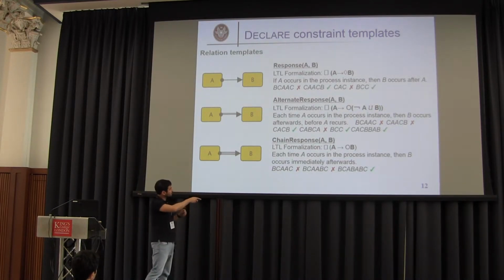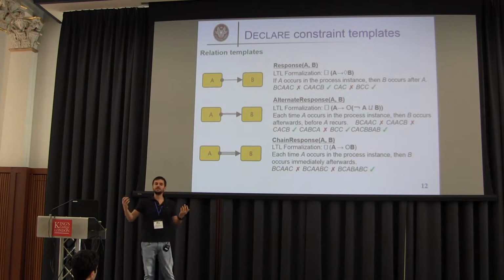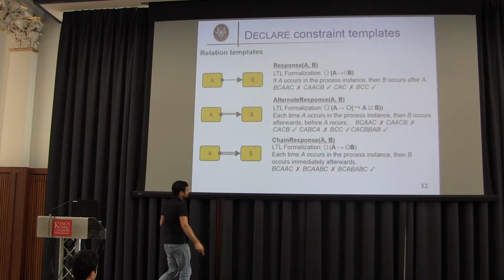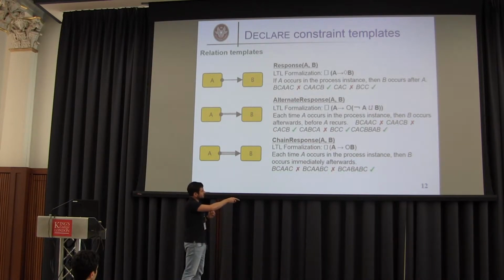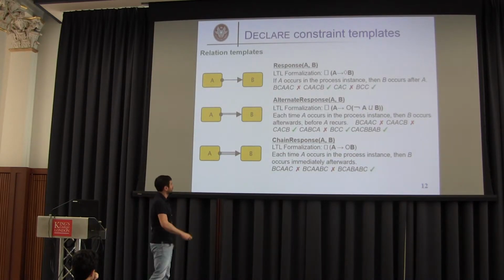The last one, chain response. Globally, A implies next B. In this case it means that every time A appears, I want a B directly after A. For example, this third trace, BCABABC, is compliant because we have a B after each A. And these other two are not compliant because, for example, in this second one, BCAABC, after the first A we should have another B to make the trace compliant with the chain response template.